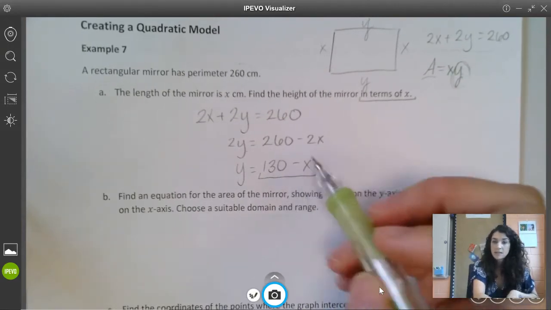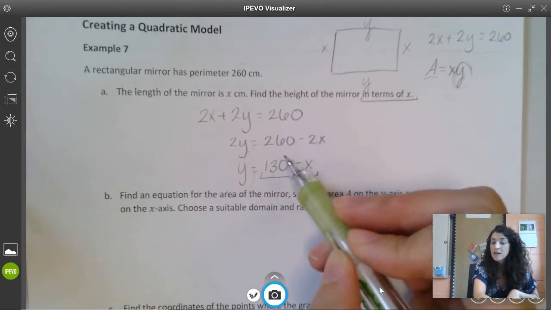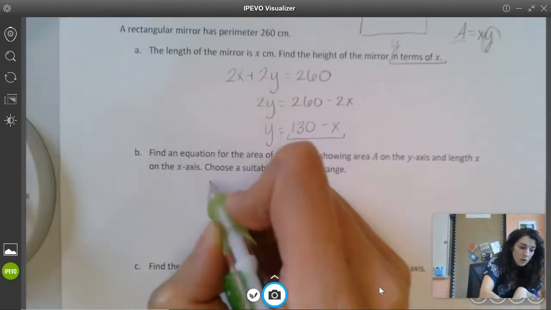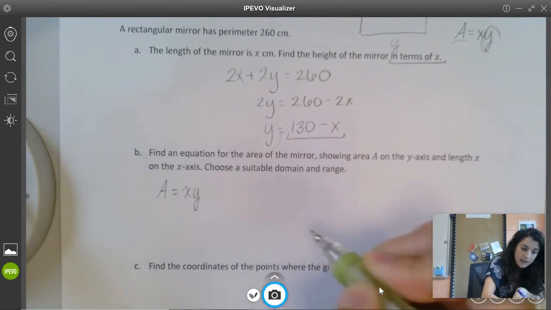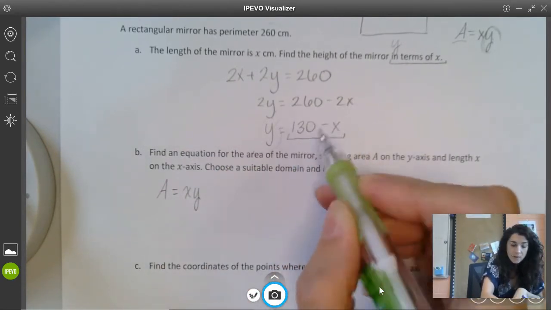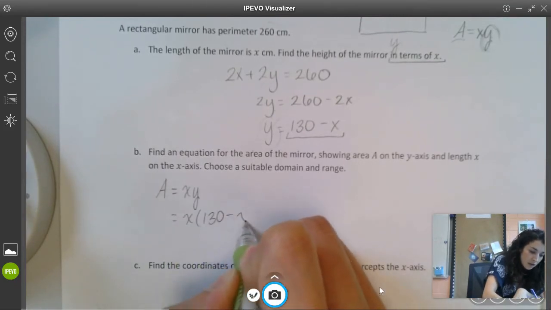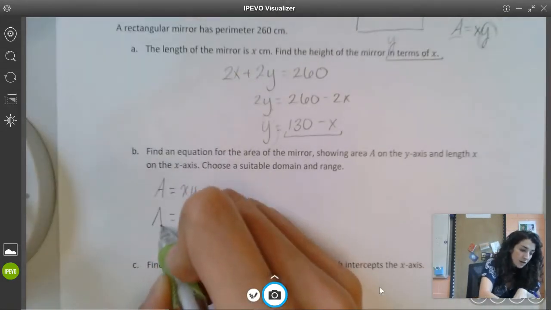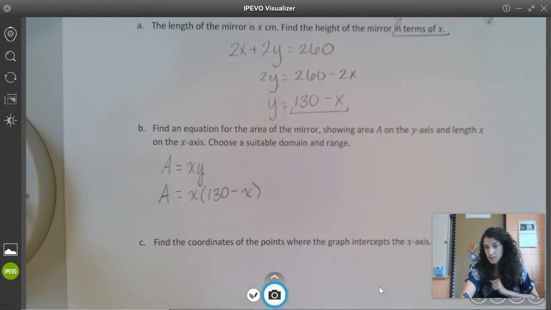Like a puzzle piece, y could go away and you could write in its place 130 minus x. So we take the idea of area equal to x times y, and I substitute in this part for y. And now notice that I now have only one input, x.